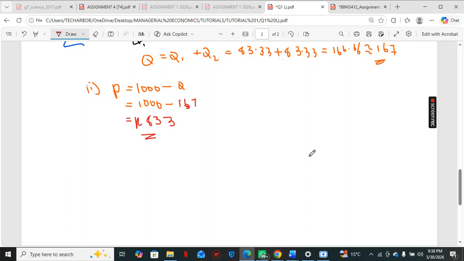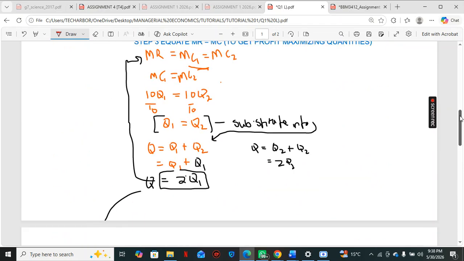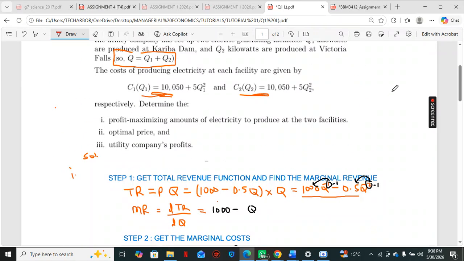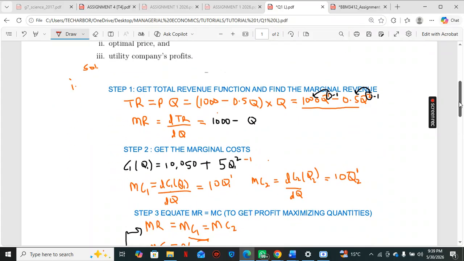Okay, any questions? Okay, the utility company's profits. All right, so basically here we have to find the maximum profit we should be talking about.